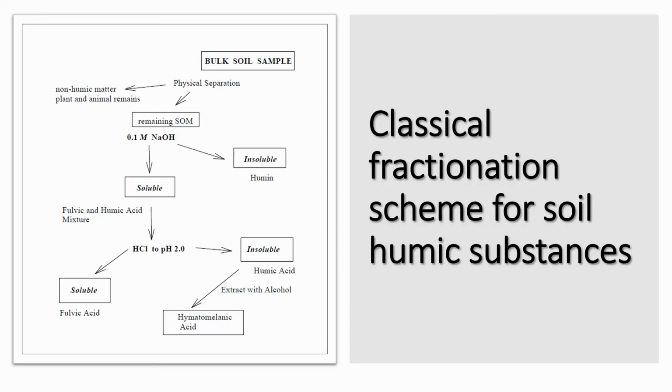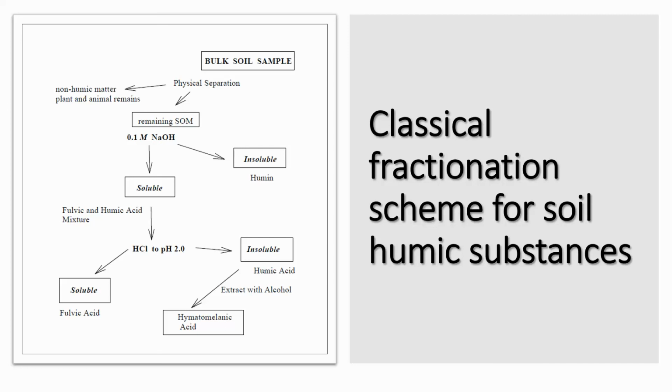So if I simplify everything here, what is the classical fractionation scheme for the soil humic substances? You will simply take a bulk soil sample and physically separate the organic part. What does the organic part mean?